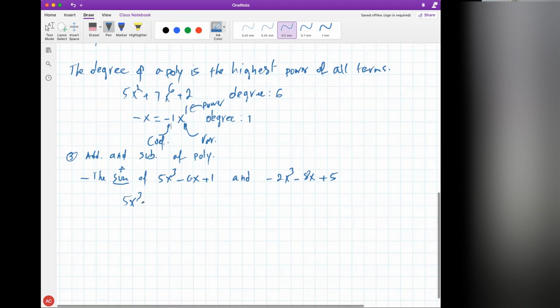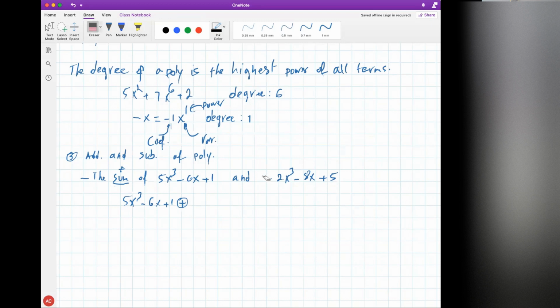You want to write them first together. So the first polynomial and then a plus, and the addition. We may or may not need parentheses here. If you're sure, you can just distribute the plus inside, to avoid that confusion.